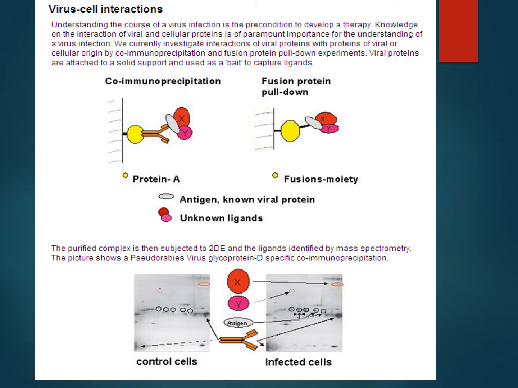So in control cells, we see areas that have no proteins. And in infected cells, we now see the proteins, 5 different proteins, actually 6, here's X, Y, and these are actually X and Y are now bound.